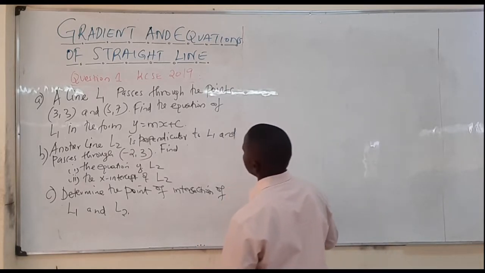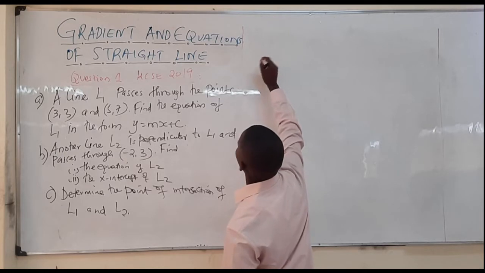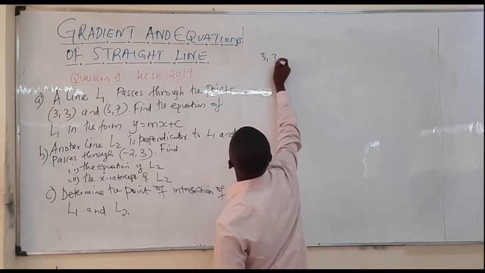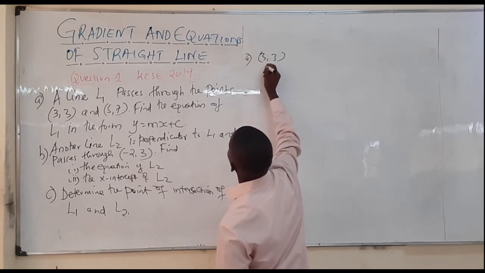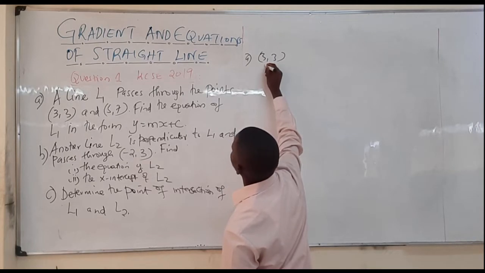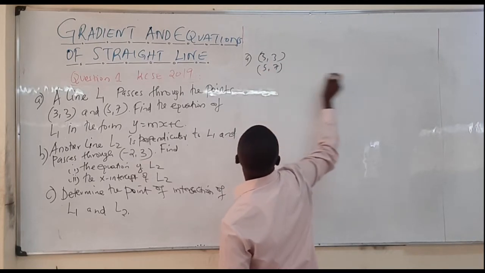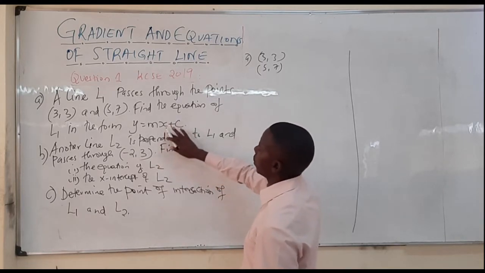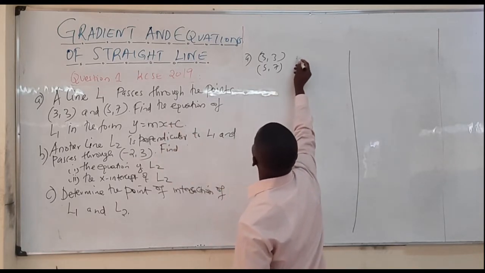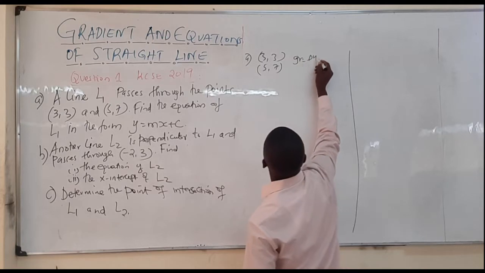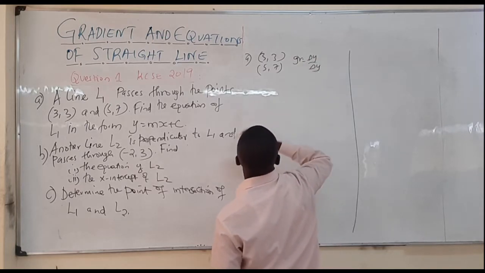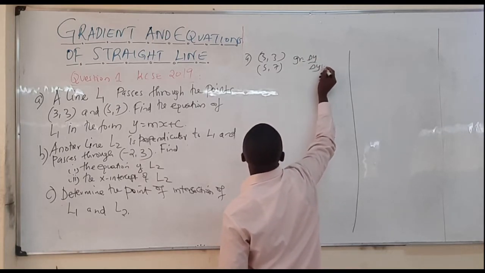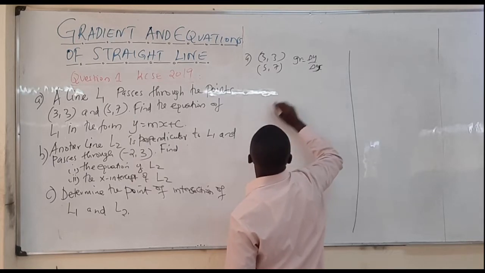We have line 1 that is passing through the point (3, 3) and the point (5, 7), and you need to get the equation of the line. The first thing is for us to get the gradient of the line, which is given by change in y divided by change in x.